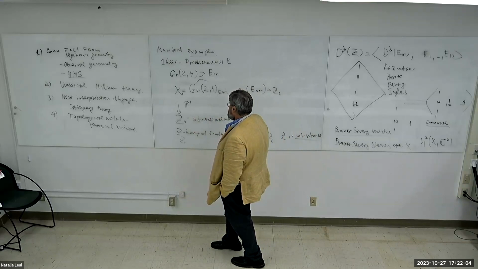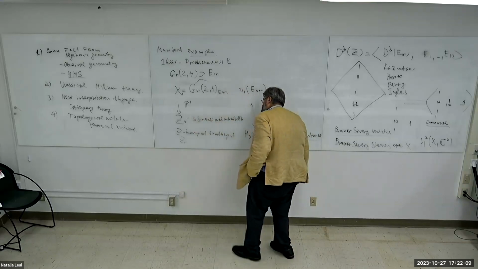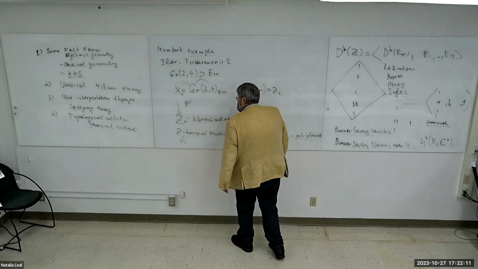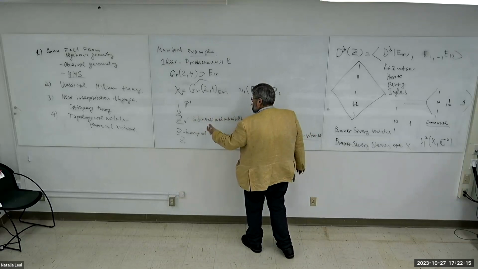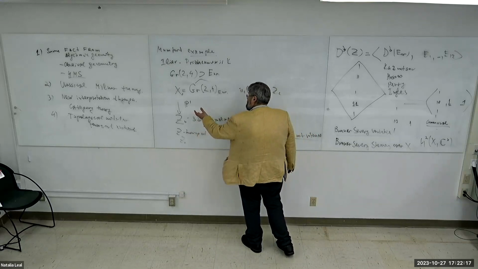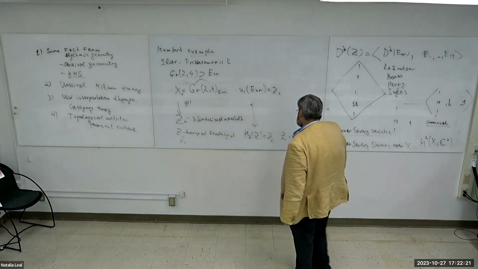That's why this element corresponds to the non-trivial element of the Brauer group of Z, which happens to be Z2. And so basically, the non-rationality of Z is connected with the fact that this fibration comes from a non-trivial Brauer-Severi scheme in this case.